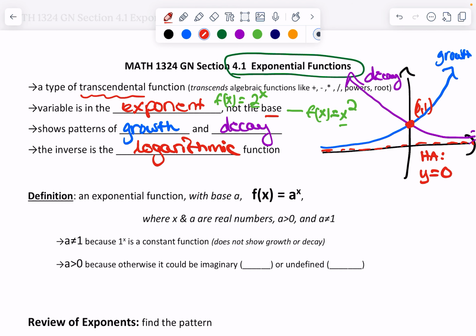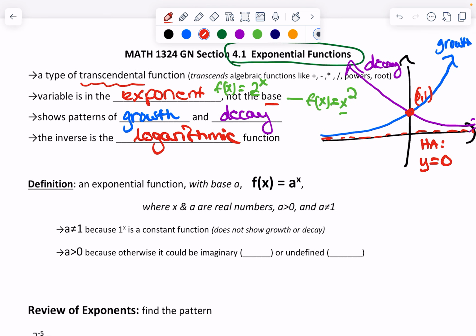Okay, definition: an exponential function with a base a, f of x equals a to the power of x, where x and a are real numbers. a is greater than 0, and a cannot equal 1.